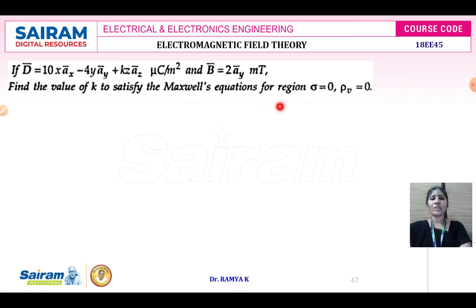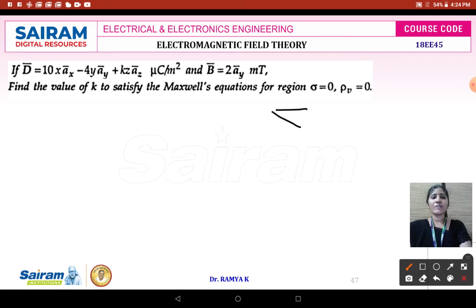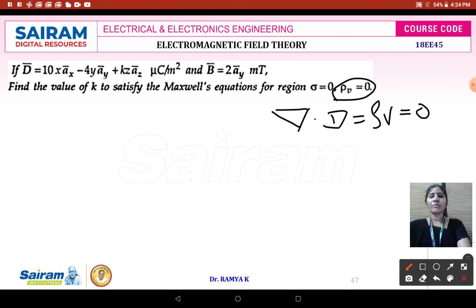the Maxwell's equation. Maxwell's first equation: divergence dot D is equal to rho V. As it is given rho V is equal to 0, we can substitute this as 0. And the problem is given in terms of the Cartesian coordinate system.